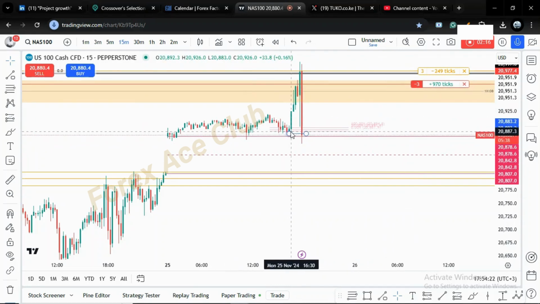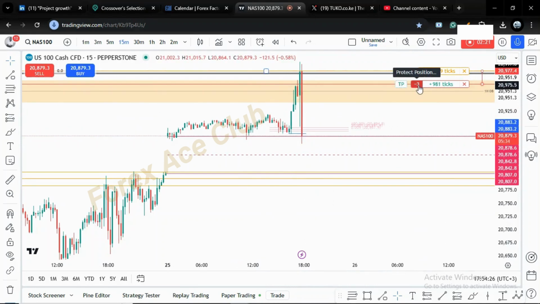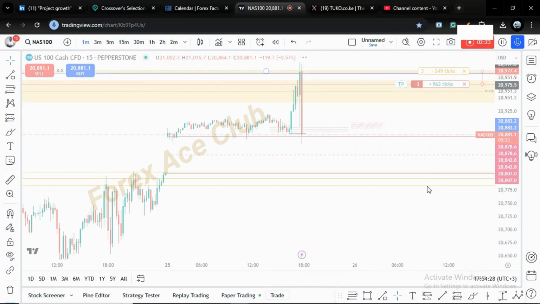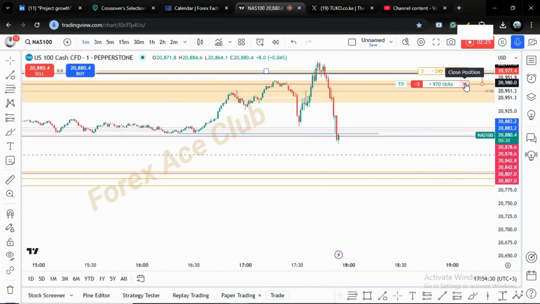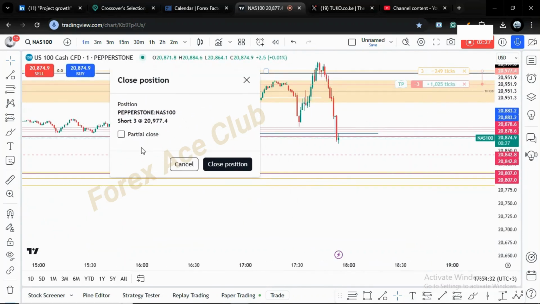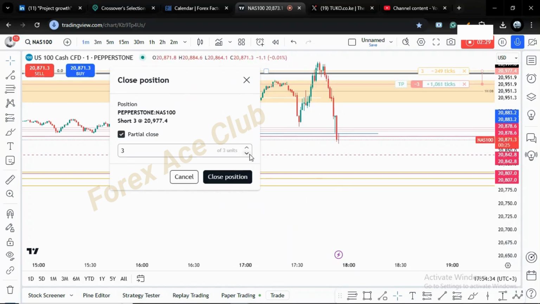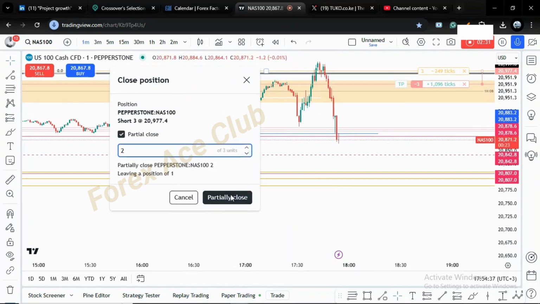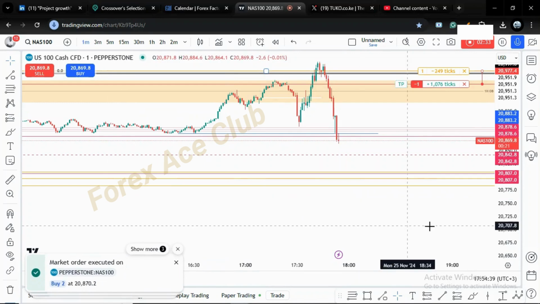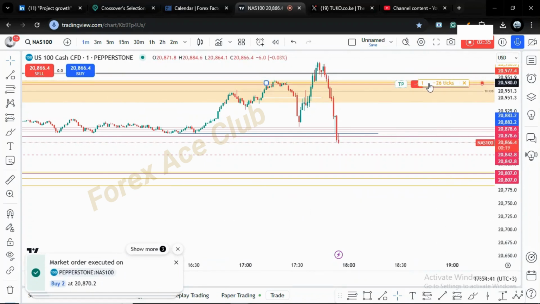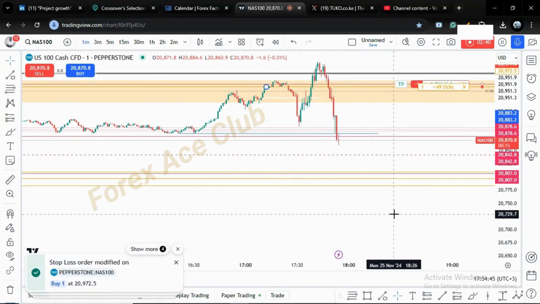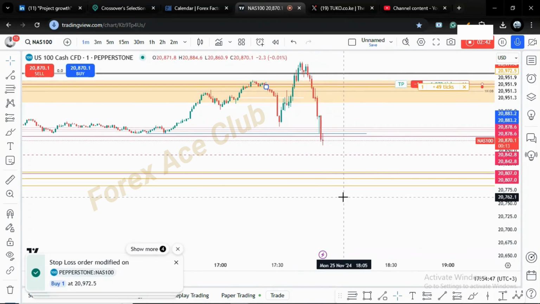We've already taken out the sell side liquidity, so I should be closing two positions, two contracts. Good. My stop is at break even, slightly in profits, and then let this be a runner.